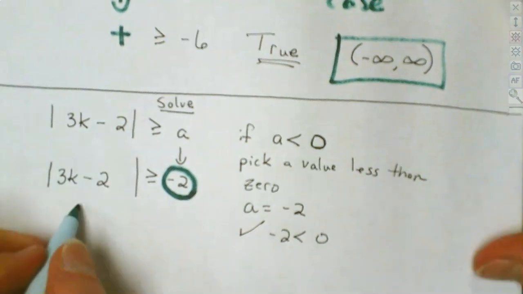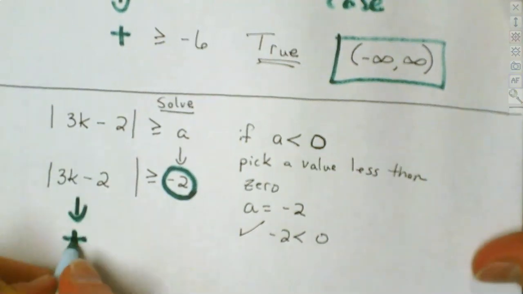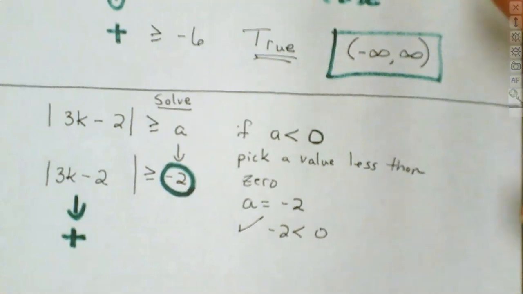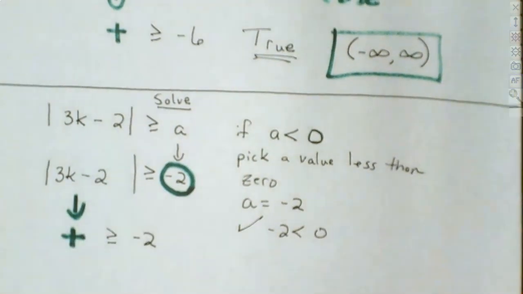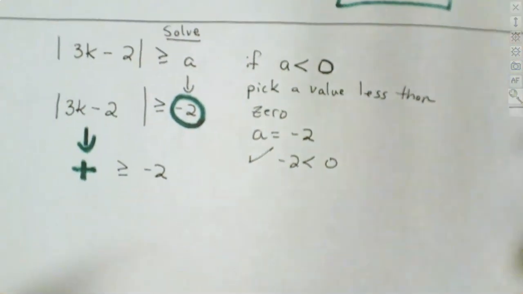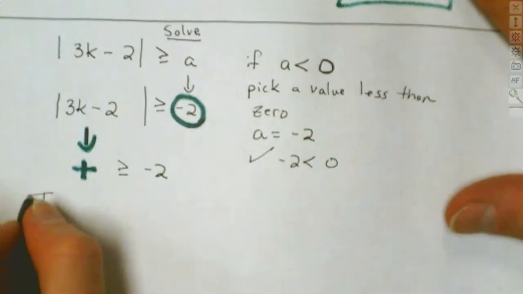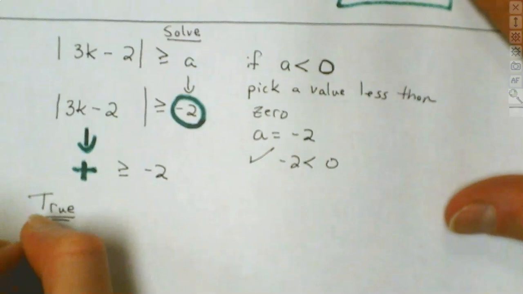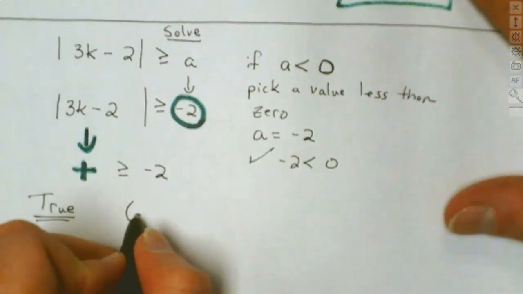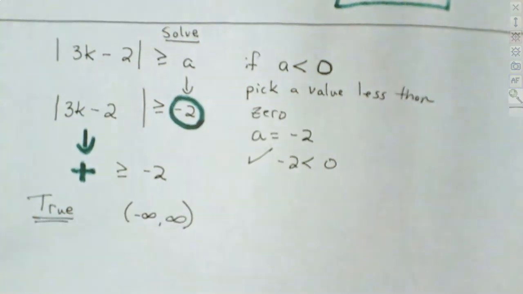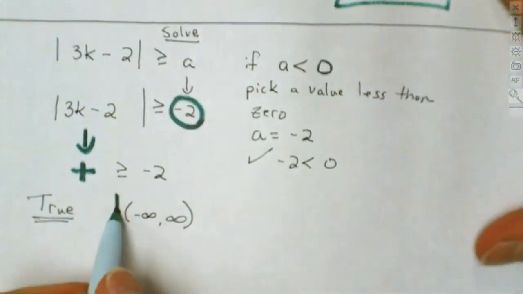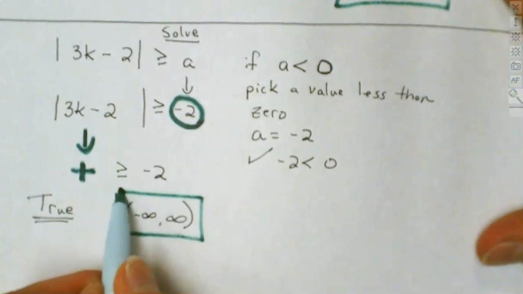So we know that this side with the absolute value is positive, and our positive numbers greater than a negative 2. Is that true or is that false now? True. If that is then true, what would my solution set be? My solution set would then be negative to positive infinity.